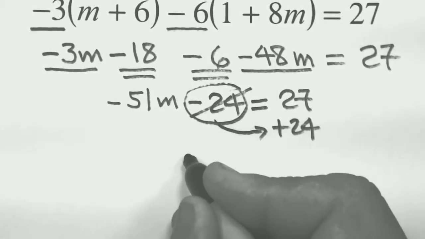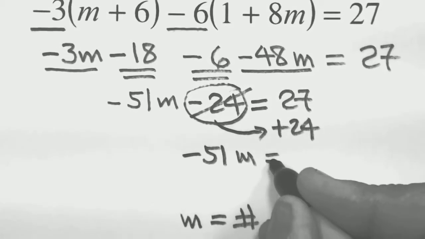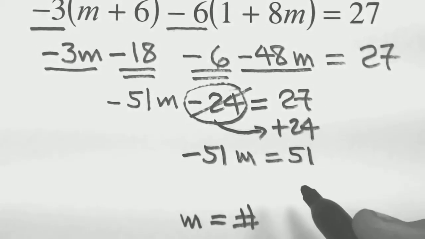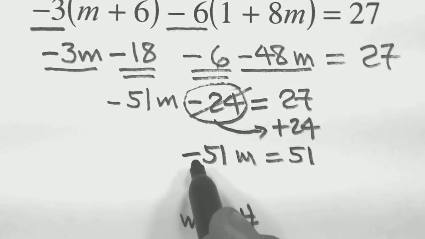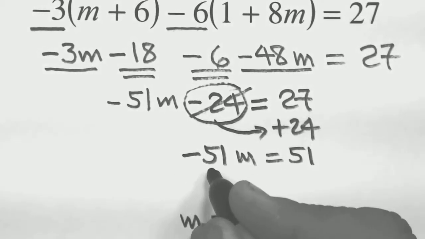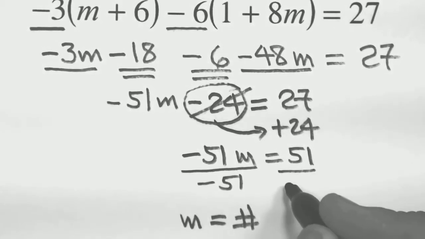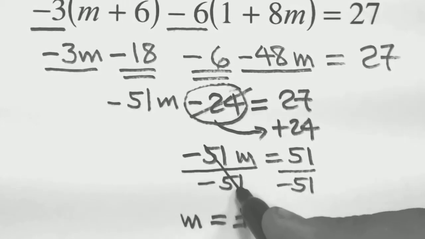So now let's see what we have left. On the left side, negative 51m, and on the right side, looks like 51. Well, guess what? The last thing to do here, we have negative 51 times m, so we've got to get rid of this negative 51 times. Divide both sides by negative 51. Here we go. And the 51s cancel out.